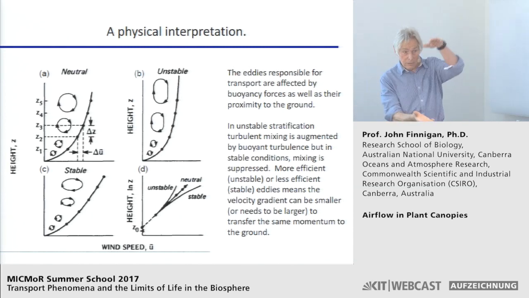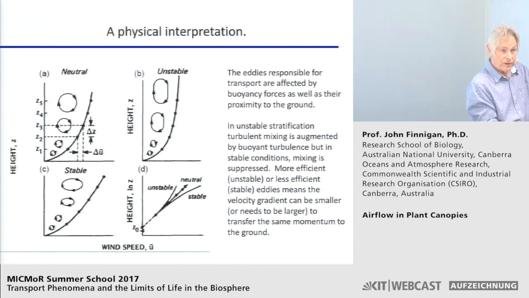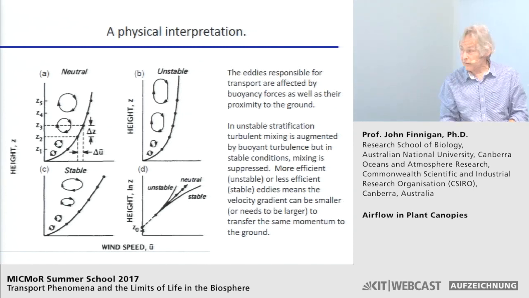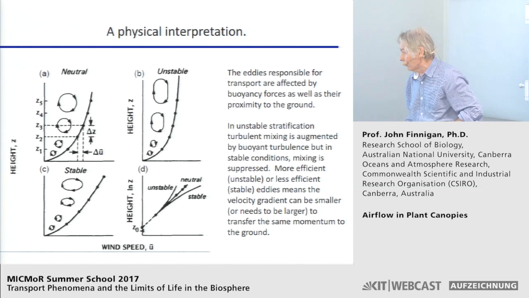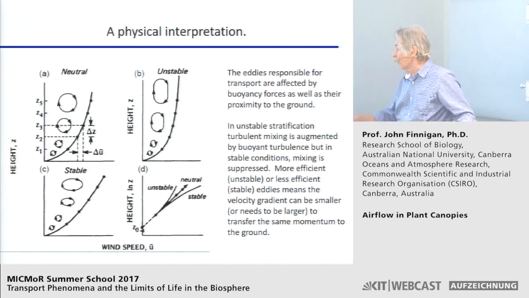If it's stable, then the suppressing effect of buoyancy makes the eddies less efficient at moving stuff from place to place, so the gradient has to get higher. And that's what it looks like if we plot it on log coordinates on the bottom right.